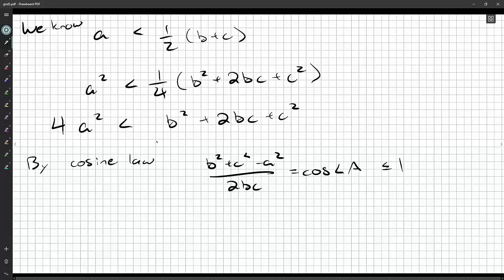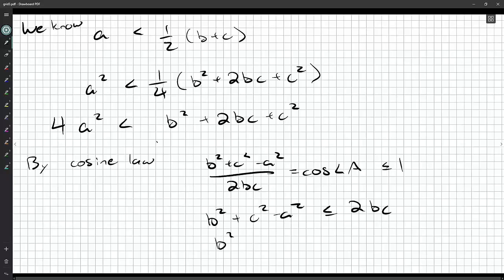So we can say b squared plus c squared minus a squared is less than or equal to 2bc.